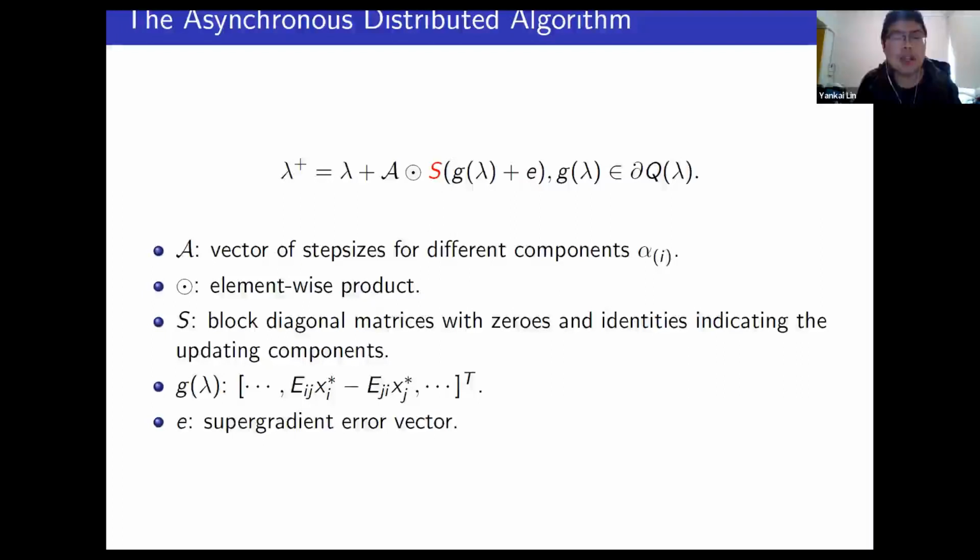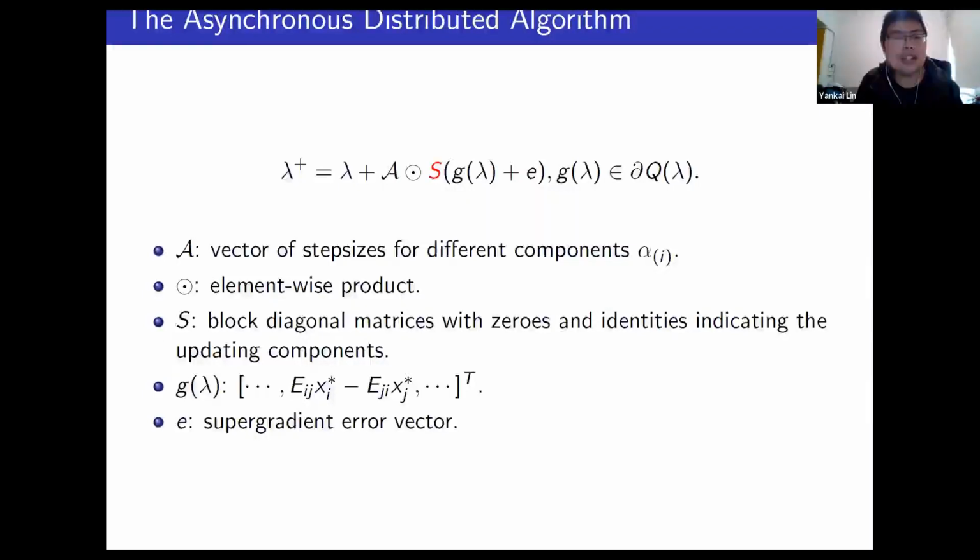Lambda is the multiplier or the dual variable. Here, calligraphic A is a vector of step sizes of different components, alpha_i. We allow different components to have different step sizes because they're controlled by different agents. They may not know someone else's step size, so it's possible that they use different step sizes.